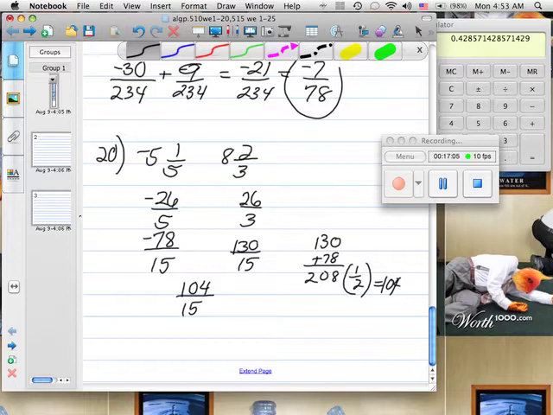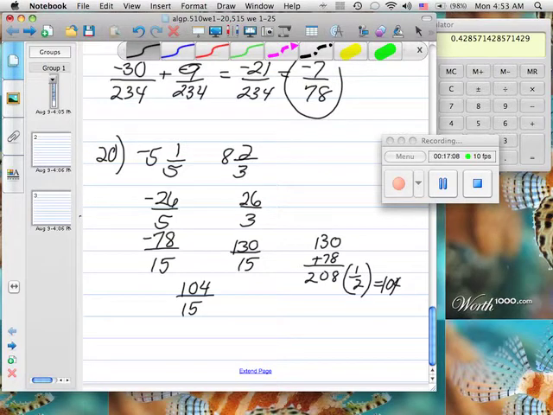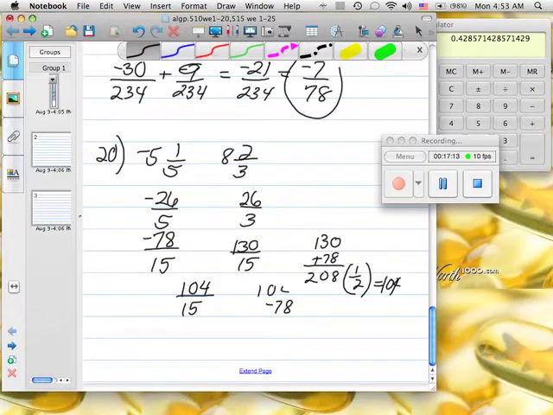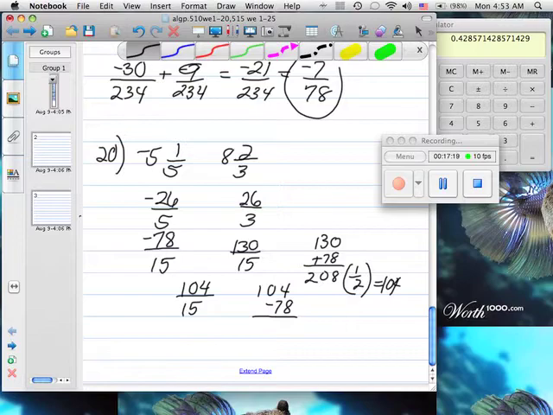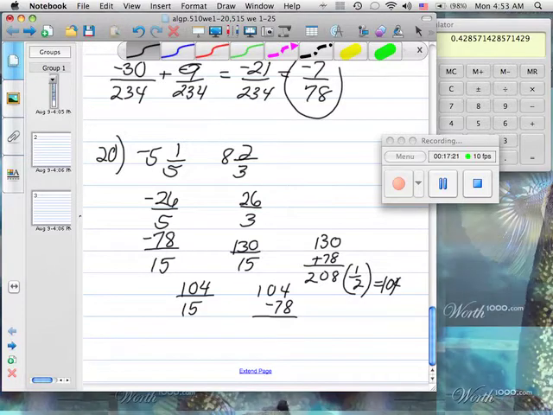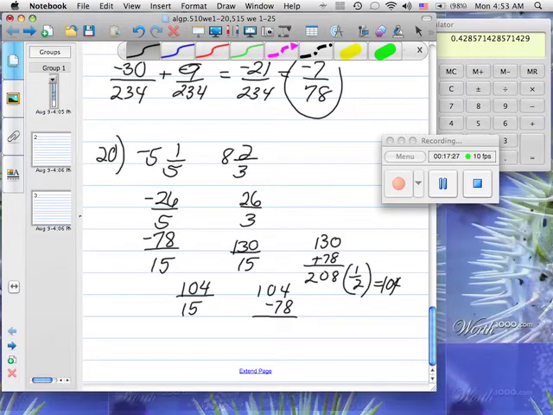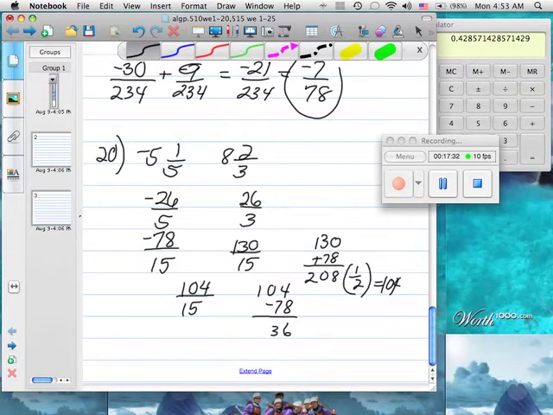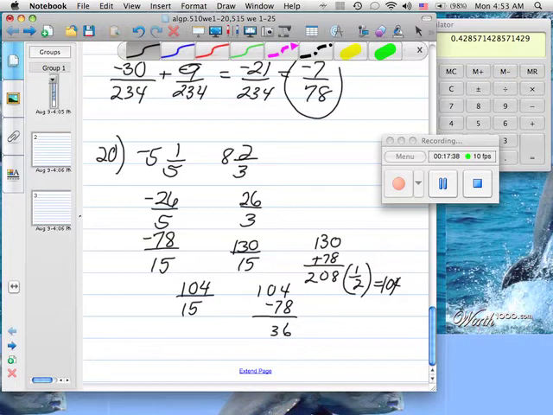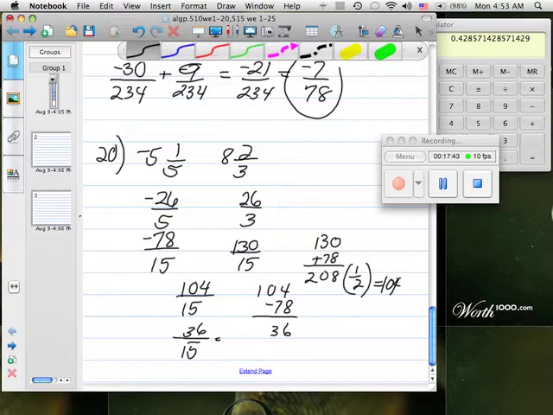So from negative 78 plus 104, we would be at 36/15, which is, oh, that's not correct.